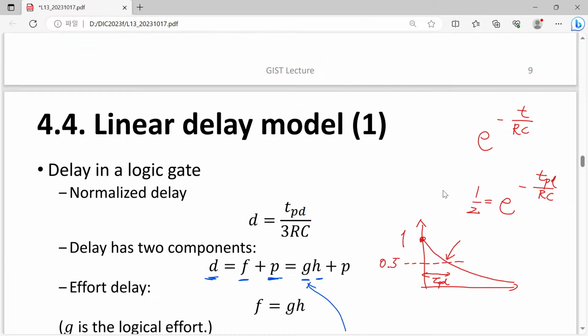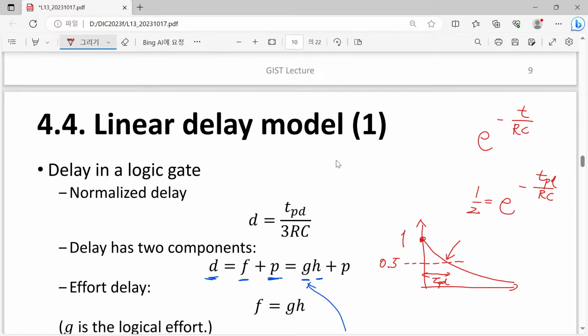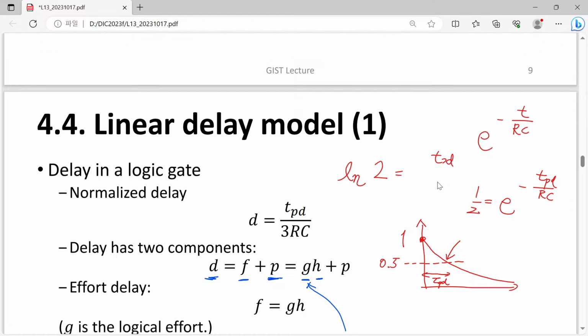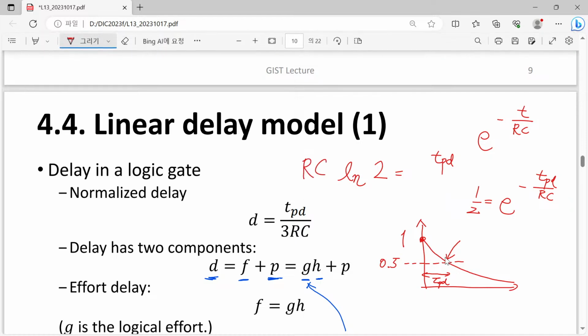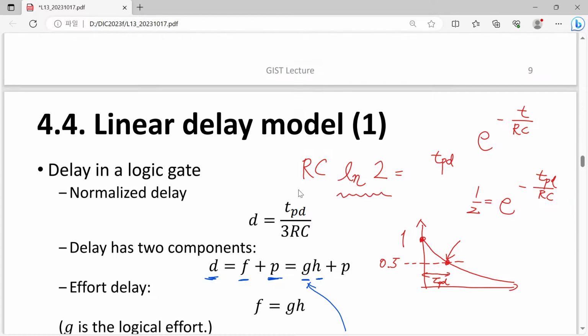Are you with me? Then we can take the natural logarithm of the left-hand side and right-hand side. Eventually we have log 2 equal to tau PD over RC. Then you can see that the exact tau PD corresponding to our definition of crossing the transition point has a certain coefficient times RC.